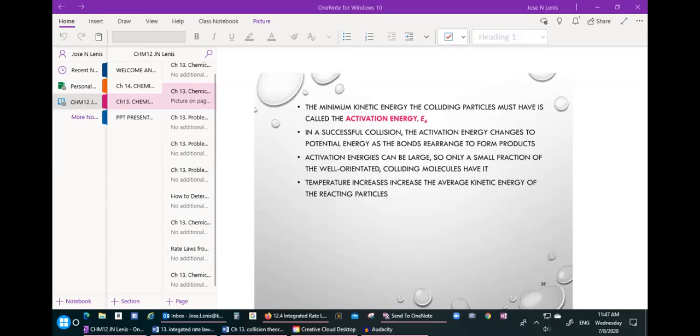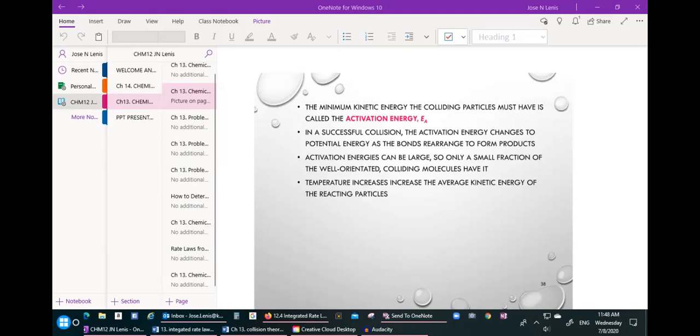The other situation can happen too. Two molecules collide with the right orientation, but they don't have the right amount of activation energy to form that bond, to produce that reaction.